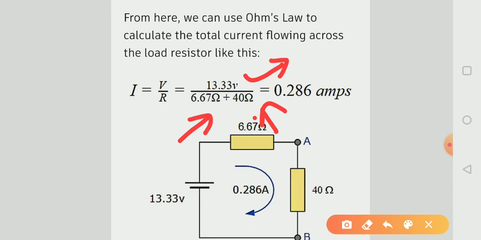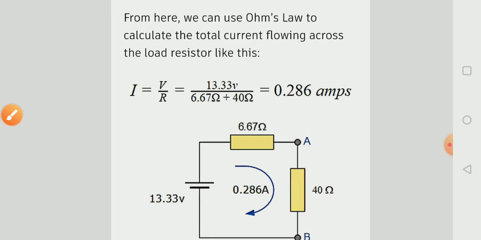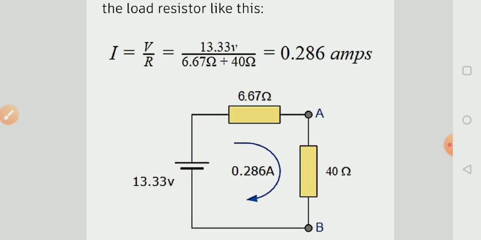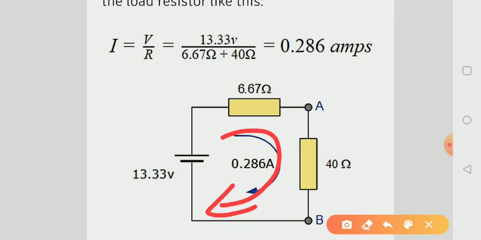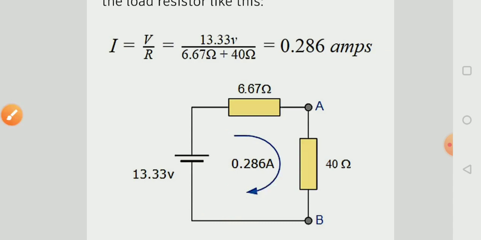So by this, if we calculate, the load current is 0.286 ampere. So this is the equivalent circuit of Thevenin theorem. In this circuit the total load current is 0.286 ampere.